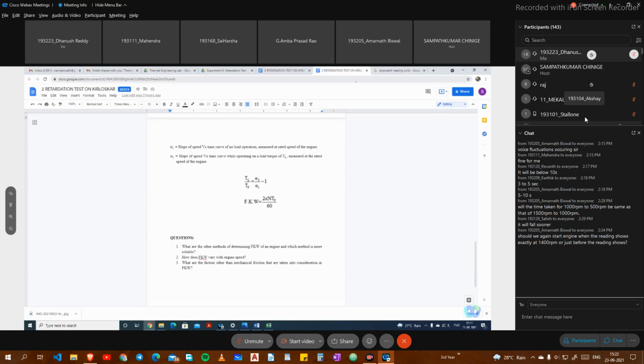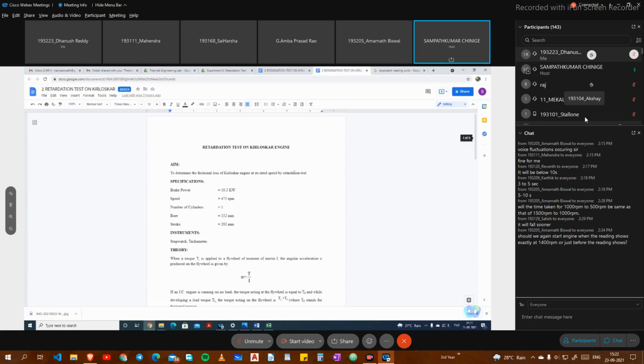So the specifications are also slightly different, no, sir, from what we have given. The specifications also have to be corrected, I think. What they have given is wrong here. Yes, sir. This engine power is 5 HP. Some Kirloskar. I will change this one, sir. They have not given it. I will tell you, write it down. 1500 RPM.